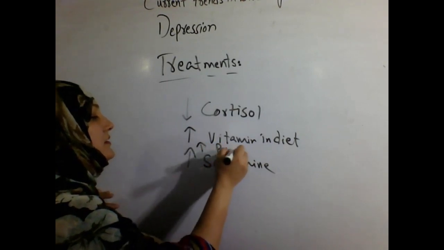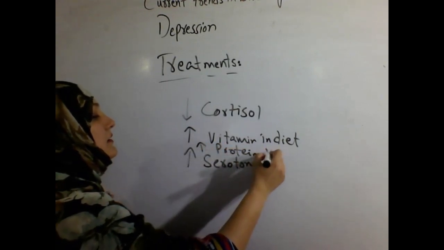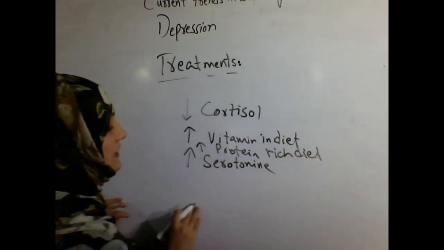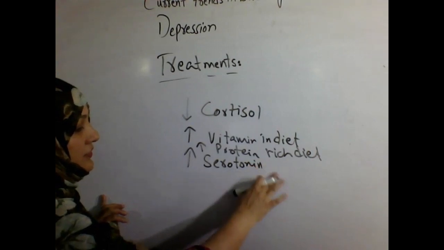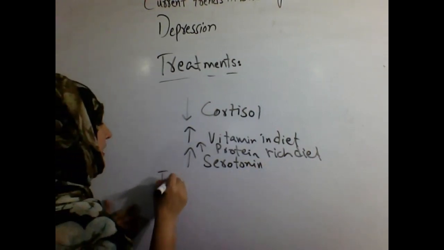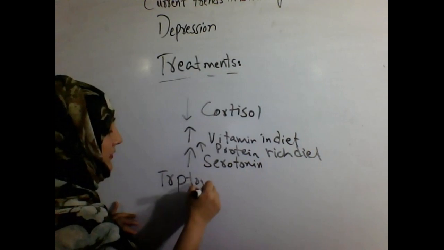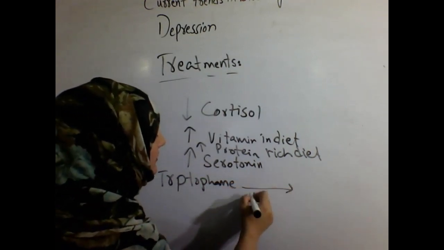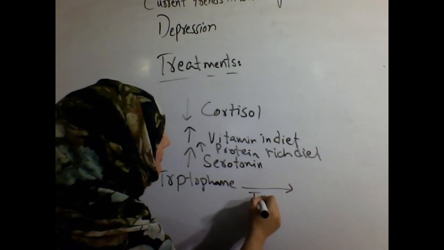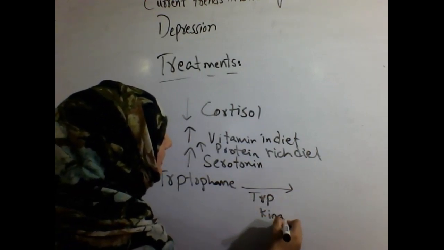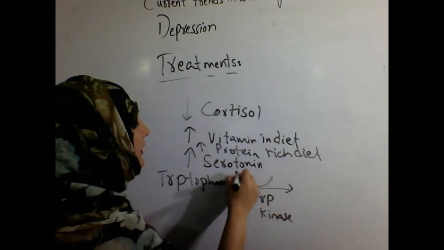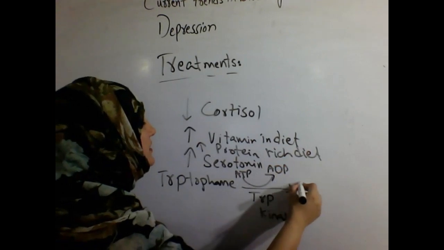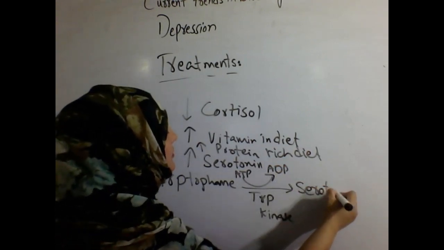A high protein-rich diet also leads towards a high level of serotonin. Tryptophan is converted by the tryptophan kinase enzyme. ATP is converted into ADP and this is converted into serotonin.